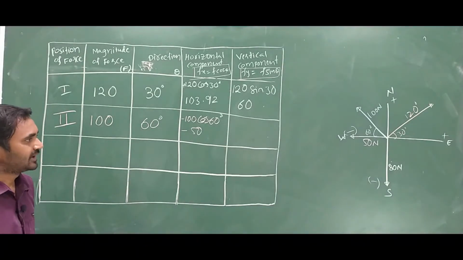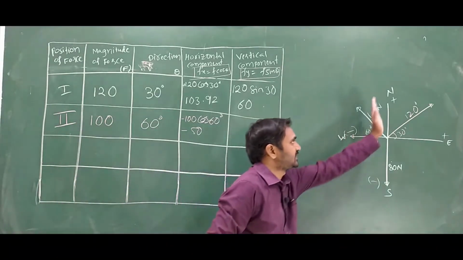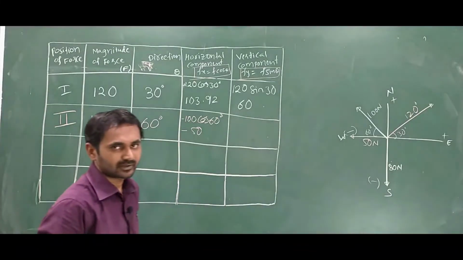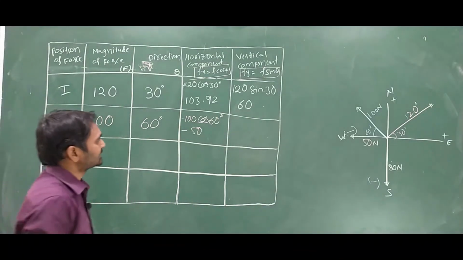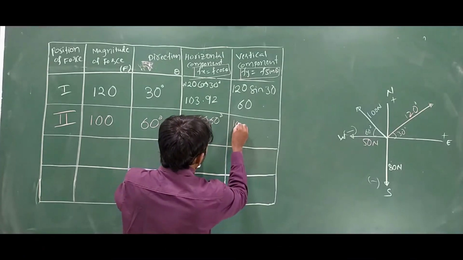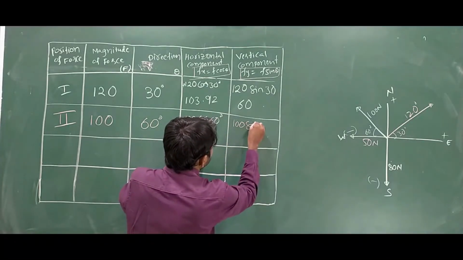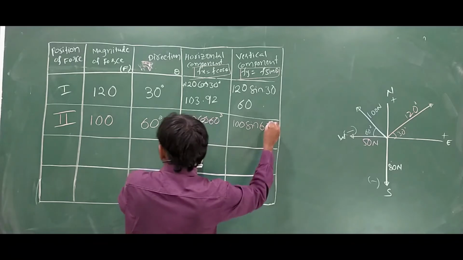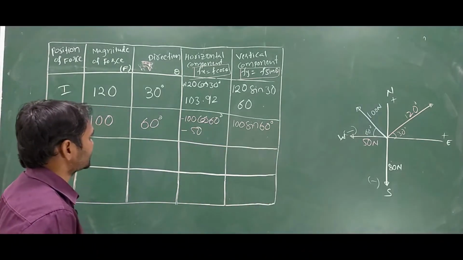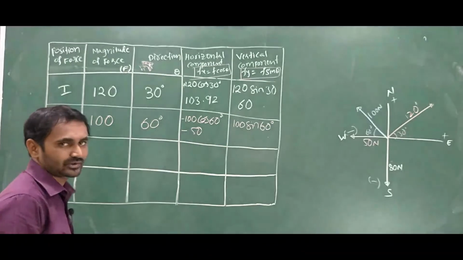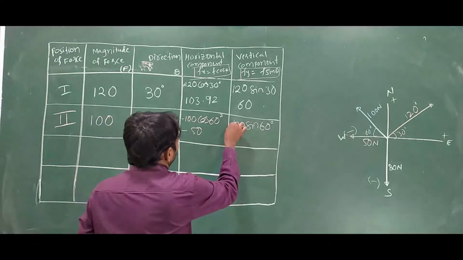Now let me resolve this force in the y direction. If I resolve the force in the y direction, then I will get 100 sin 60 degrees, right? 100 sin 60 degrees I'll get in the positive direction only, so that's why it is positive.